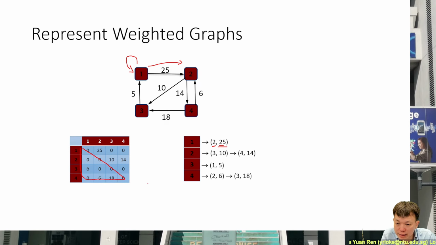So you compare, for example, this example: no matter what, your adjacency matrix is always 4 by 4, the number of vertices squared. That is the space you need. You always need to create such a big matrix, and this is a small example. In practice, you can imagine Google Maps.